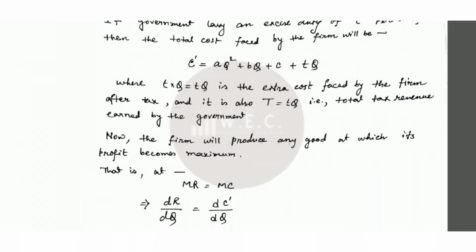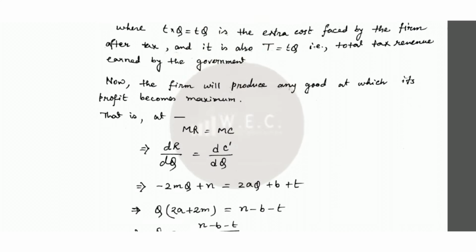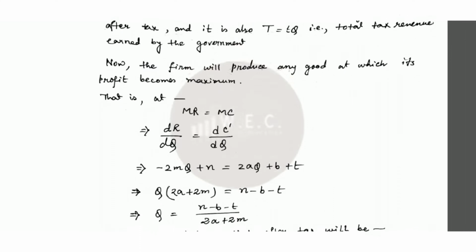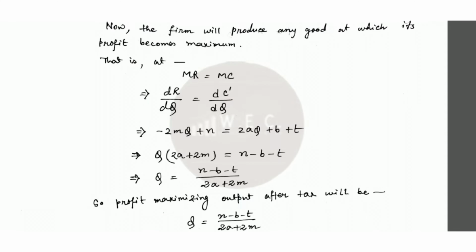Total revenue is already given as R, and total cost is given here as C dash. So differentiating R with respect to Q and differentiating C dash with respect to Q, we get, as you can see here, equating those derivatives, we can derive the value of Q.